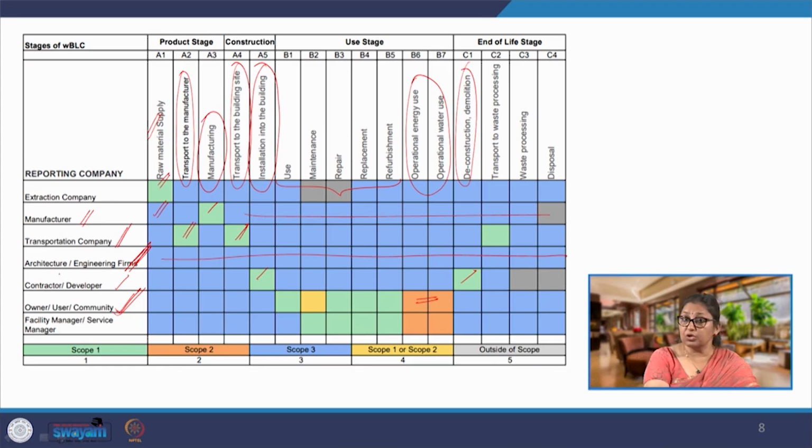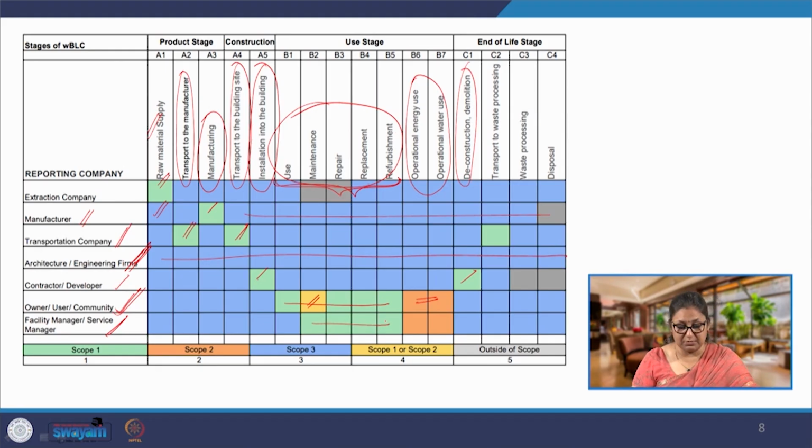So, owner, user or community is going to have all these emissions coming from this entire basket of use as either scope 1 or sometimes as scope 2. Why are we counting it as scope 2 here for maintenance? Because if there is a facility manager or a service manager who is going to manage the entire building, then the emissions coming from maintenance, repair, replacement, refurbishment could actually accrue to the facility manager or service manager.